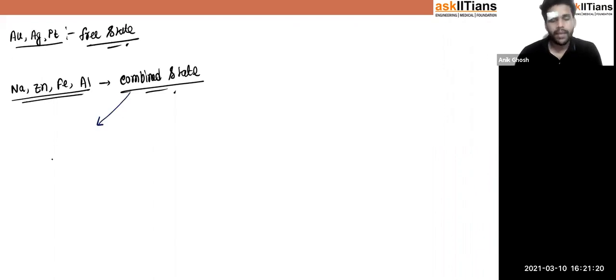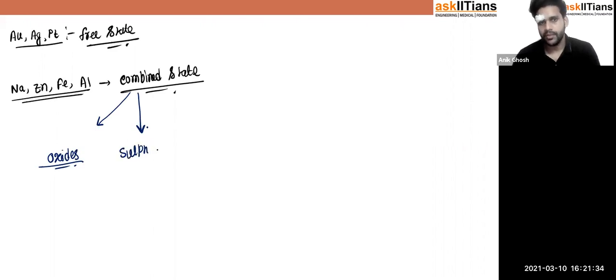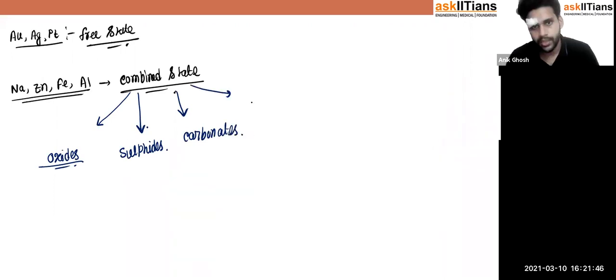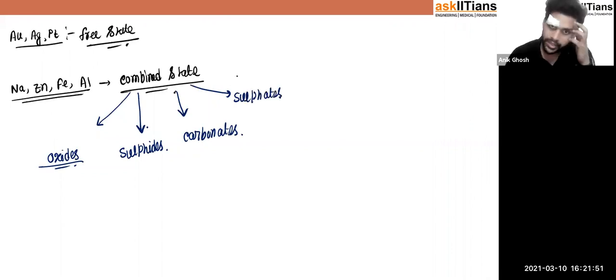They can combine with oxygen and form oxides, or they can combine with sulfur to make sulfides, or they can also form carbonates, sulfates, or chlorides.